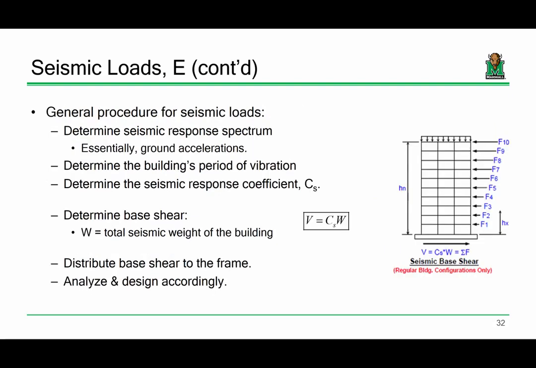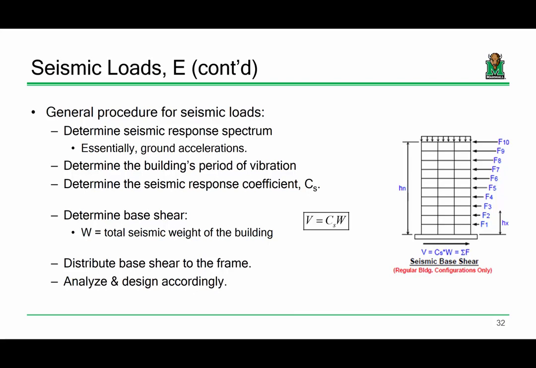I want to talk about the general procedure for how you would handle seismic loads, and we'll get into some examples in a sec. The first thing you need to do is determine what's called the seismic response spectrum. That's basically the ground accelerations, and it's very location specific.